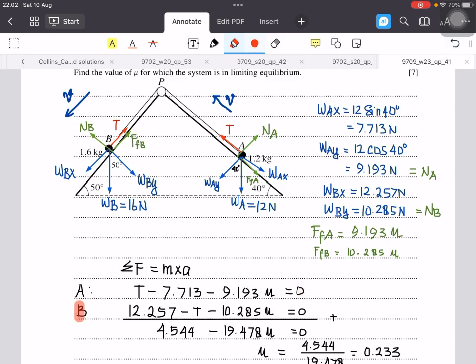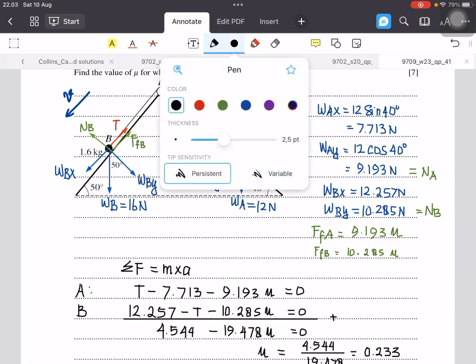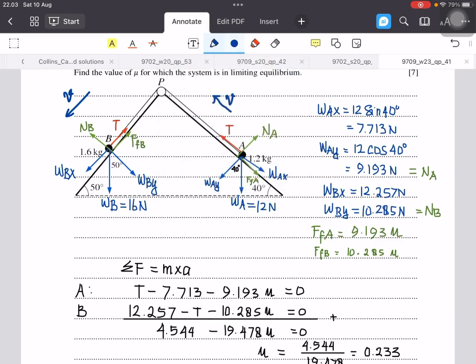And then for particle B, the equation is WBX. It's in the same direction as the motion. Students, here we are using positive direction in the same direction as the motion.